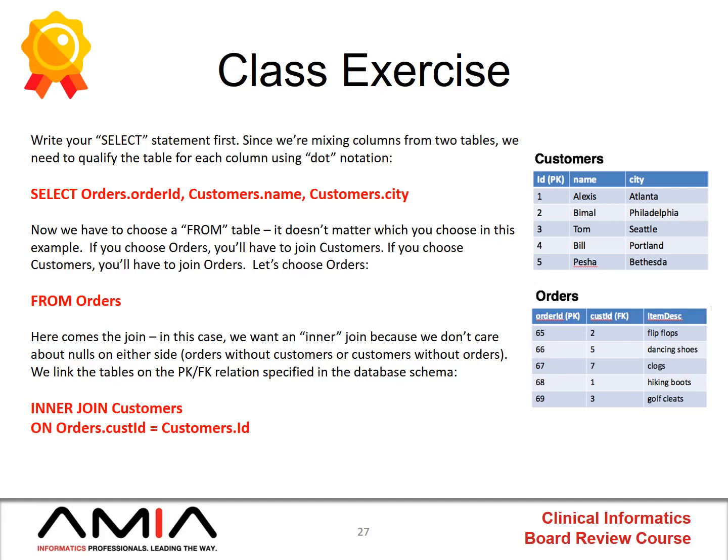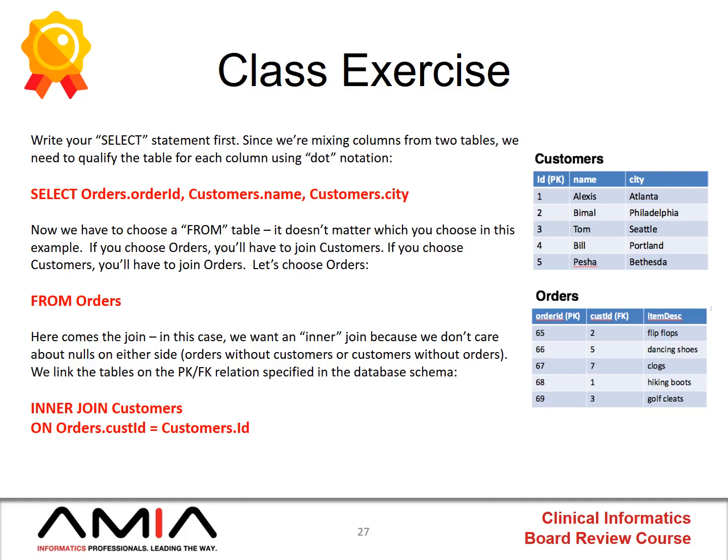Now we have to choose a from table. And the important thing here is that it doesn't matter which one you choose as your from table, because if you choose one as your left, the other one's going to be your right, and vice versa. If you choose the orders table, you have to join it to customers. If you choose the customers table, you have to join it to orders. So just for convenience, because orders is the first attribute in here, let's just choose orders.